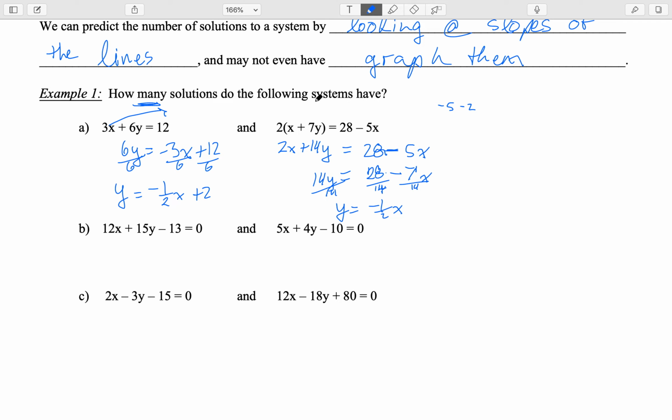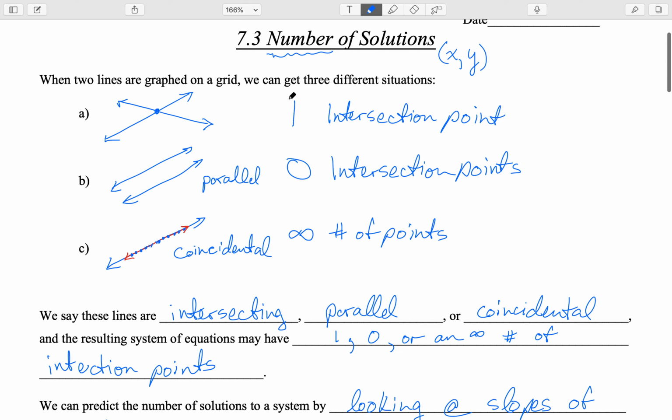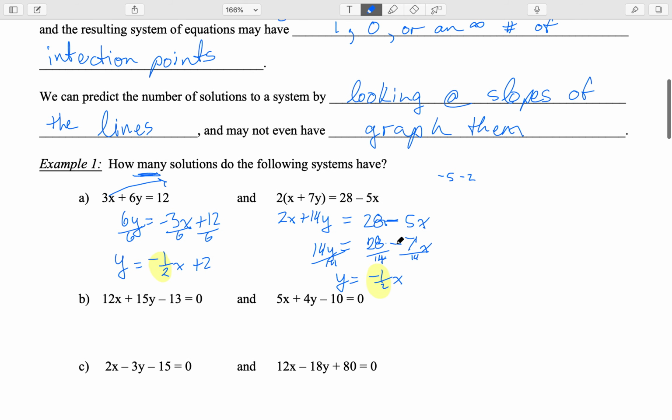Hang on, same slope. See that? Slope's negative a half, negative a half. That means they're parallel. It means that they're parallel and there's no solutions. Now, if they had different slopes, they always hit at one, period, only one. But as soon as you have the same slope, they're parallel. Or are they? Or are they coincidental? Is it the same line? Hang on. What's 28 divided by 14?